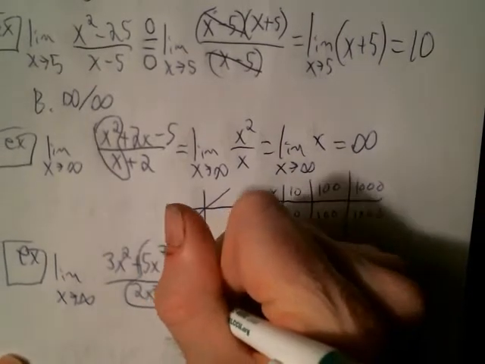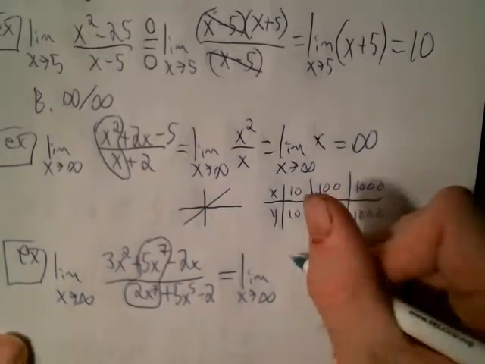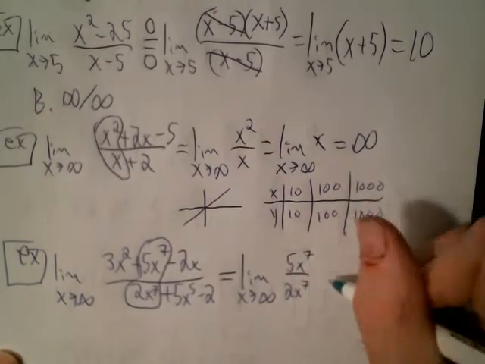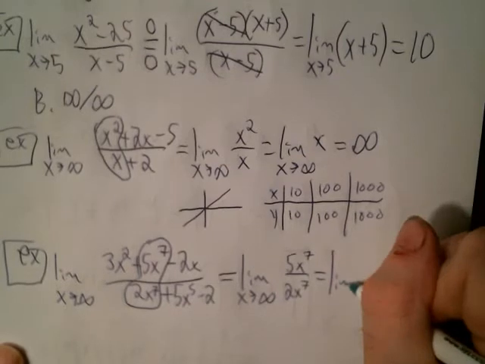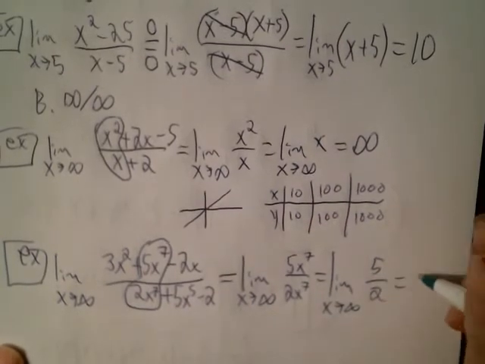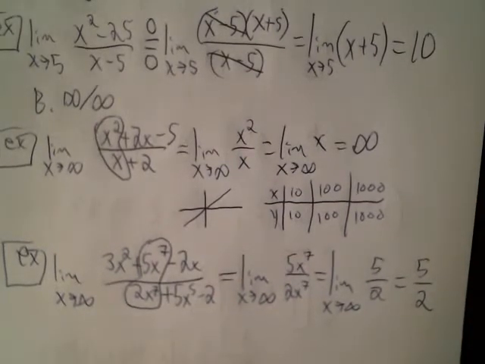Be a little careful because this wasn't written in descending degrees, right? So the limit of this thing is equal to the limit of 5x to the 7th all over 2x to the 7th. And then that will be the same as the limit as x goes to infinity of 5 halves, which of course is just a constant. The limit of a constant is the constant, it's 5 halves.